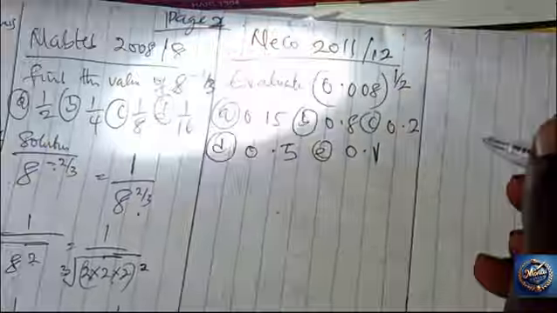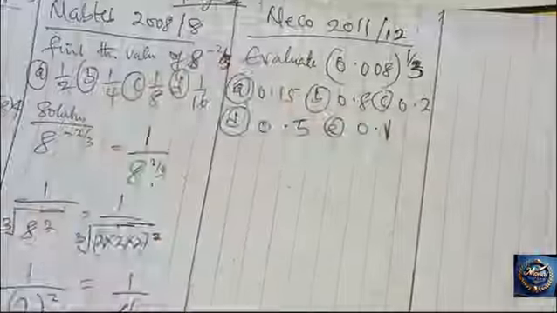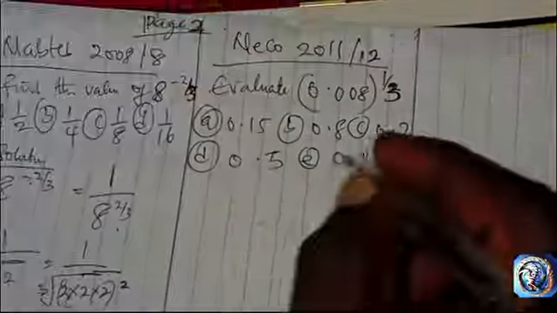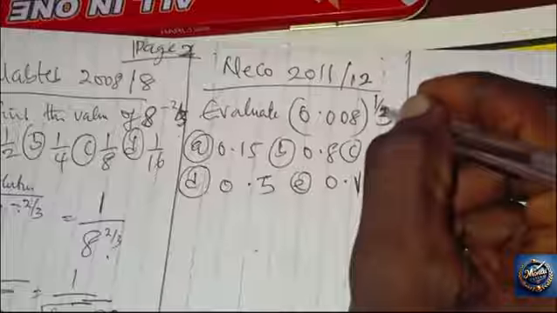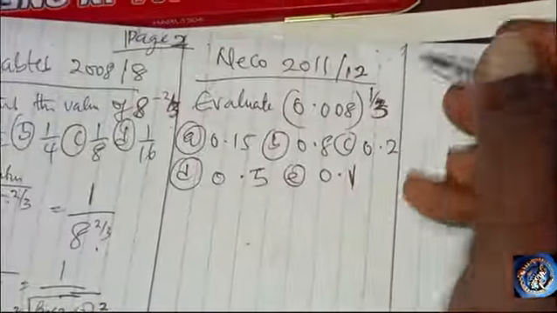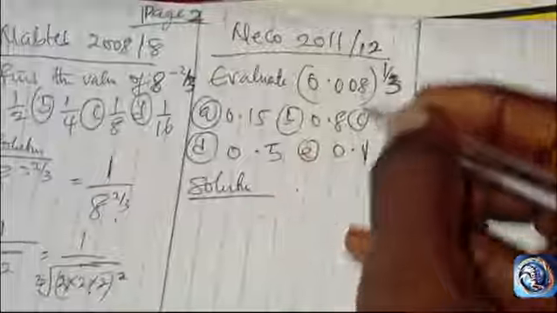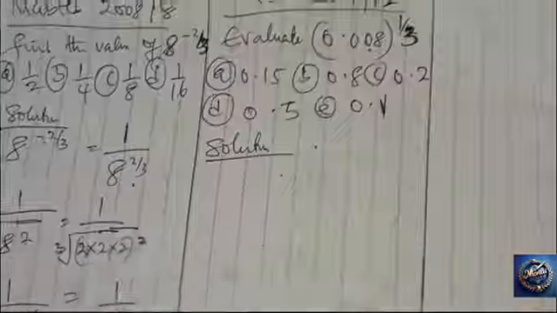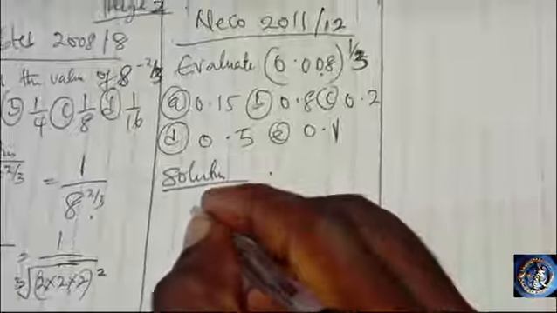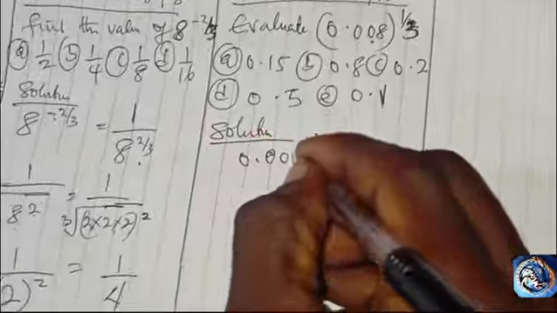Okay, from the question, this is 1 over 3, not 1 over 2. Sorry for that. So we have 0.008 raised to the power of 1 over 3. So solution now. Change this one to fraction to make it easier for you. It's going to be 0.008 all over.